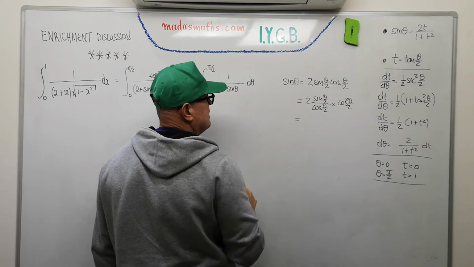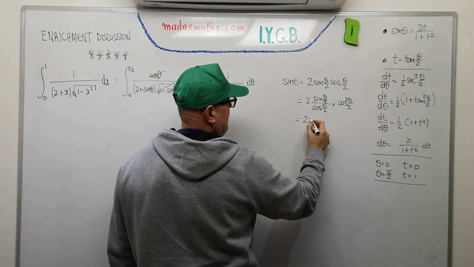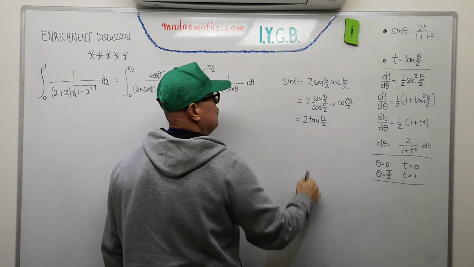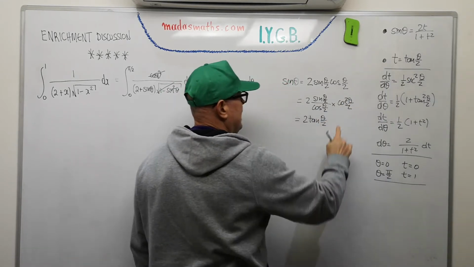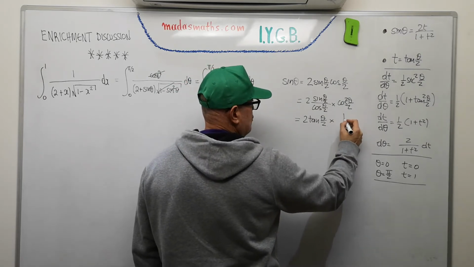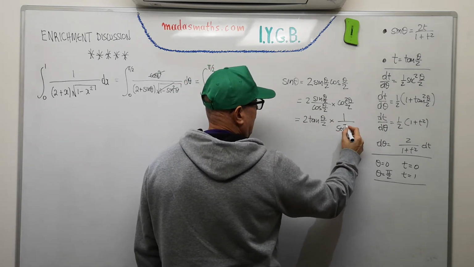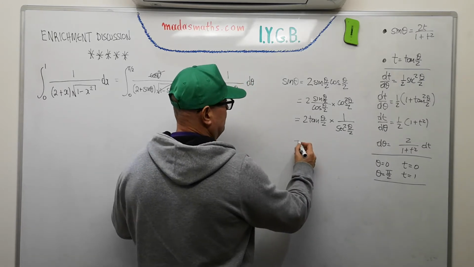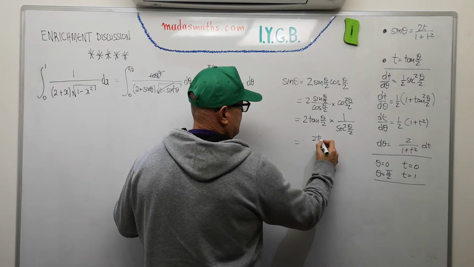And the reason I've done that is because I've just created there 2 lots of the tan of theta over 2, which will go back to t's. And this cos squared, which I got on the side now, I can actually write it as 1 over sec squared of theta over 2. And of course, this is an identity.